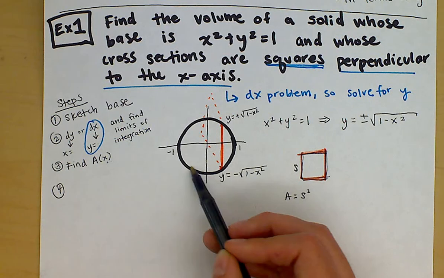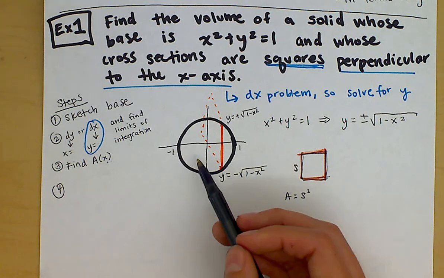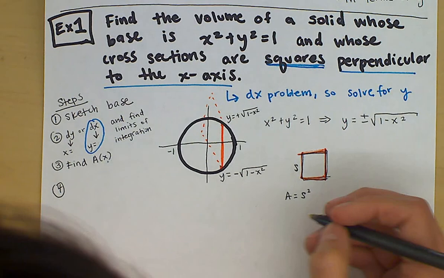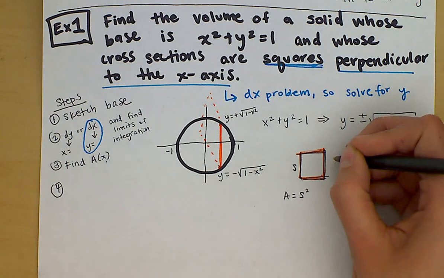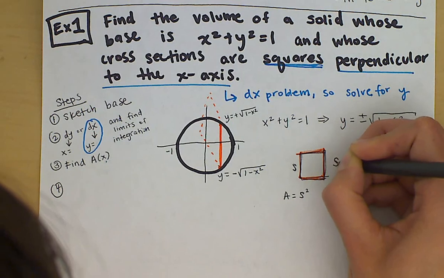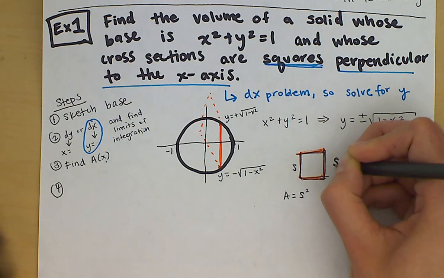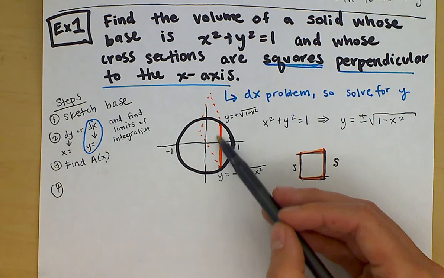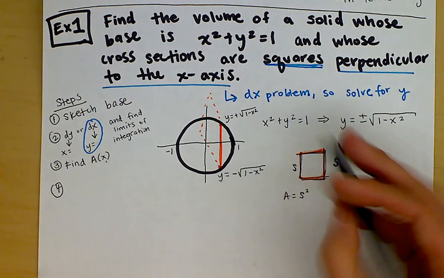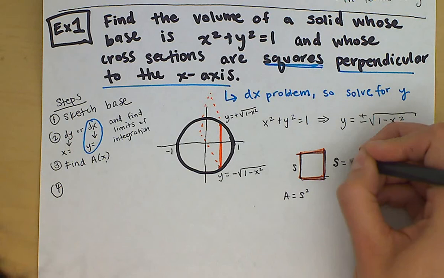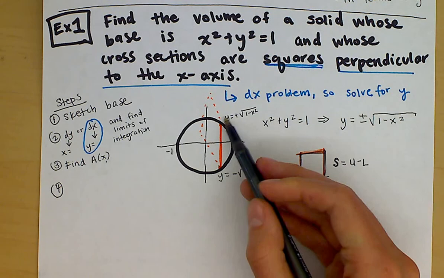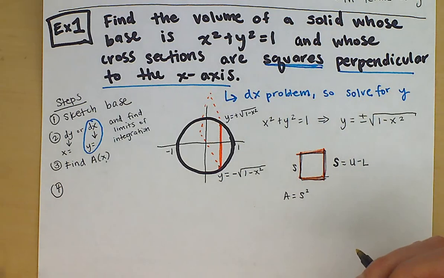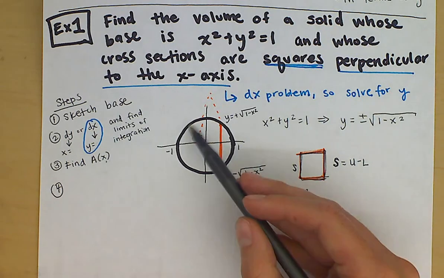So we need to calculate them. We can use what we've learned about finding lengths using calculus. This side is going to be the upper function minus the lower function. It's always changing because the top is changing and the bottom is changing.